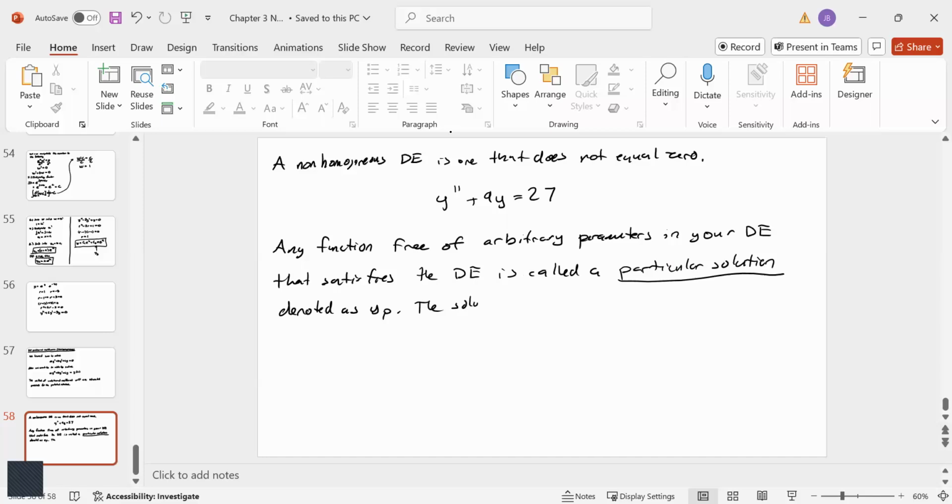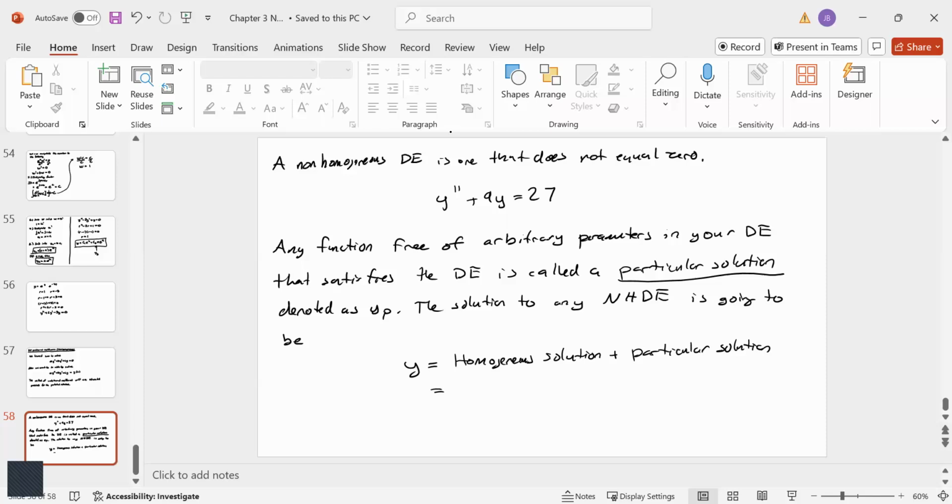The solution to any non-homogeneous differential equation, so NH will stand for non-homogeneous, is going to be y equal to the homogeneous solution plus the particular solution, which we often abbreviate as YC and YP.